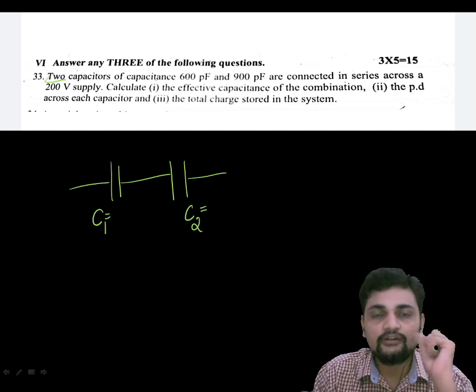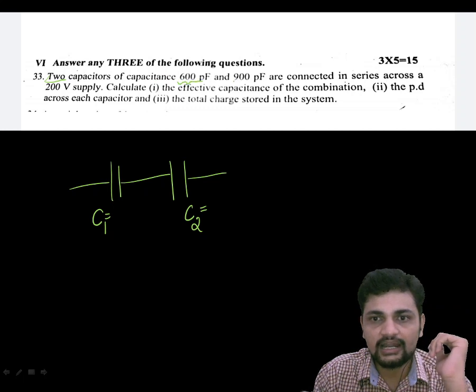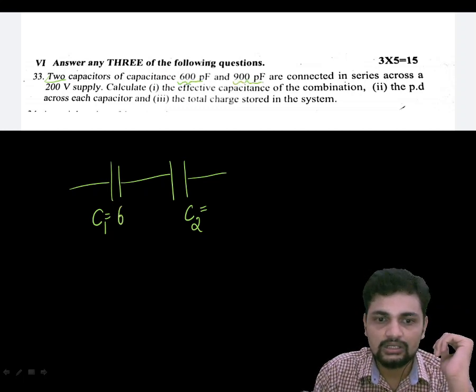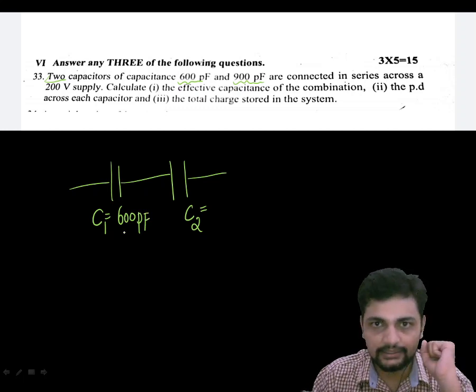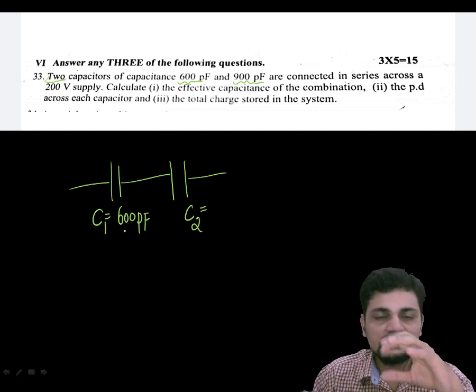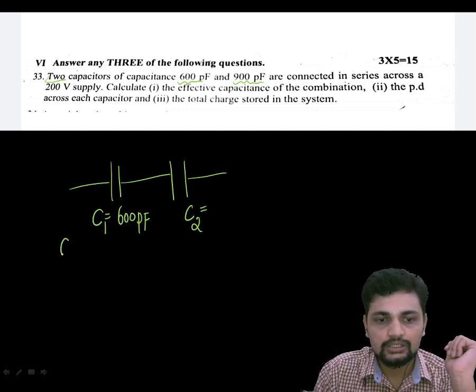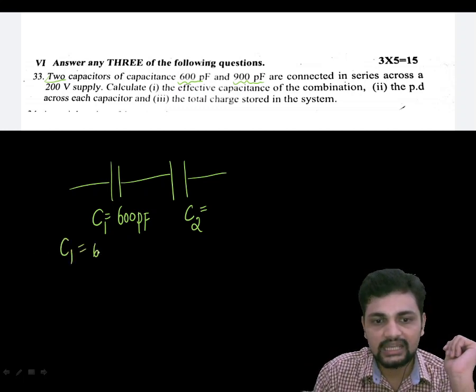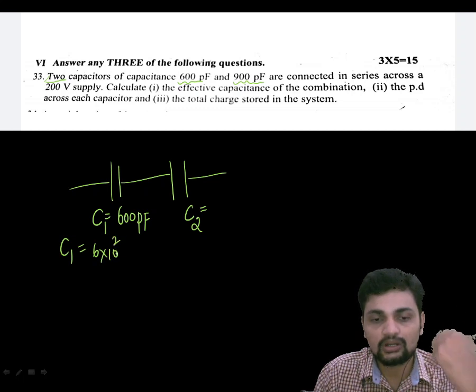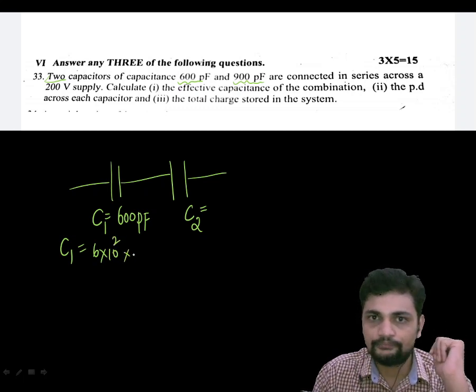The values of these capacitances are 600 picofarad and 900 picofarad. As we know, the SI unit of capacitance is farad. Now pico is a prefix which is used here. So let us convert that into SI unit. 600 can be written as 6 into 10 power 2, and pico is farad.